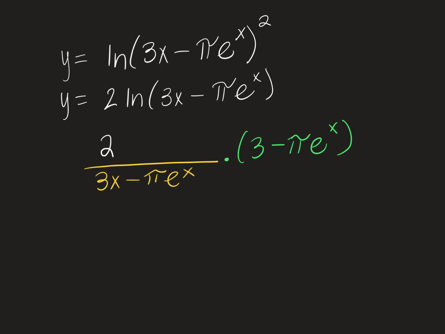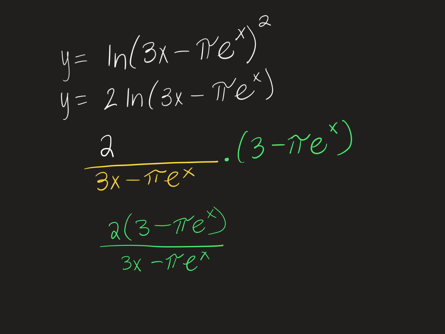Why not? Yep. Oh, it's 3. I didn't see, because the bottom has 3x and the top just has 3. If it was a 3x, yes, you could cancel, but otherwise, no.